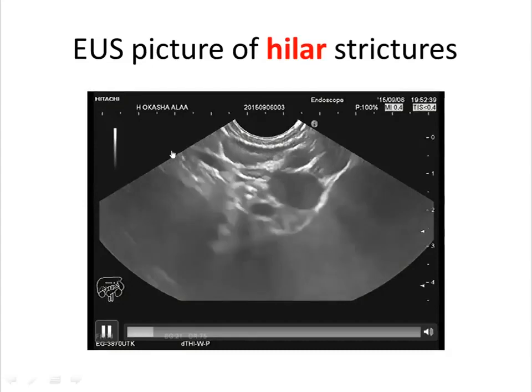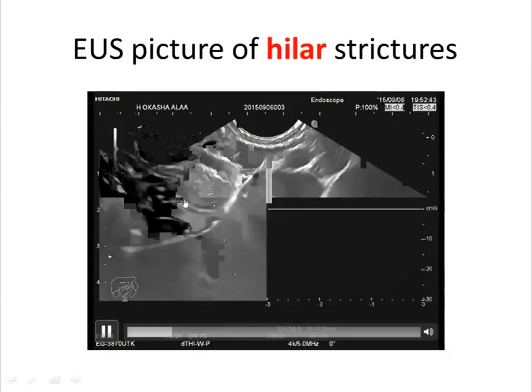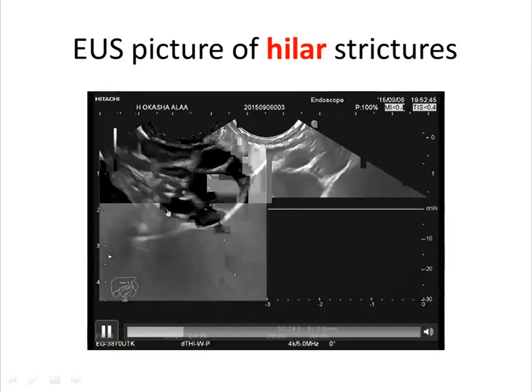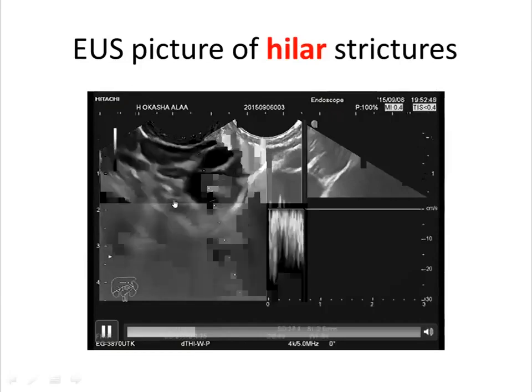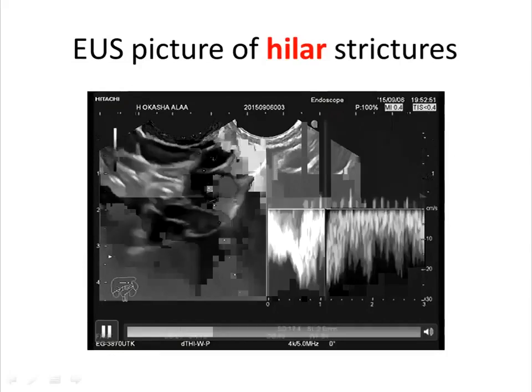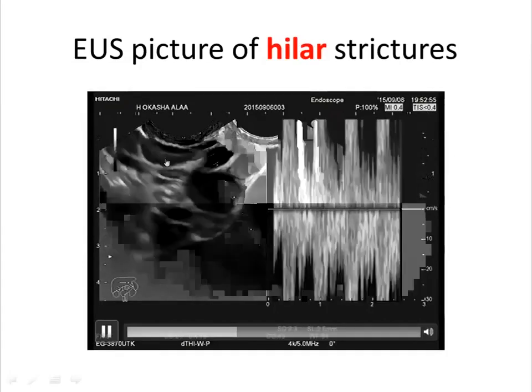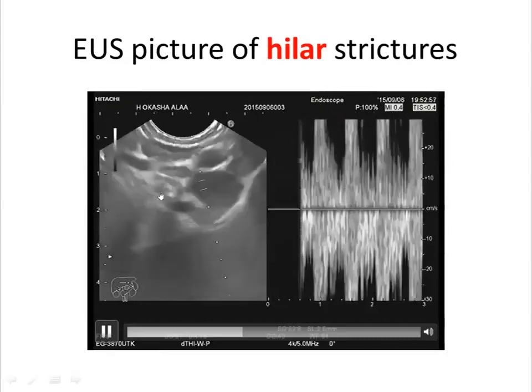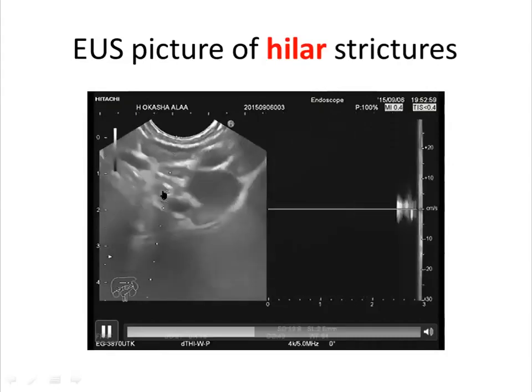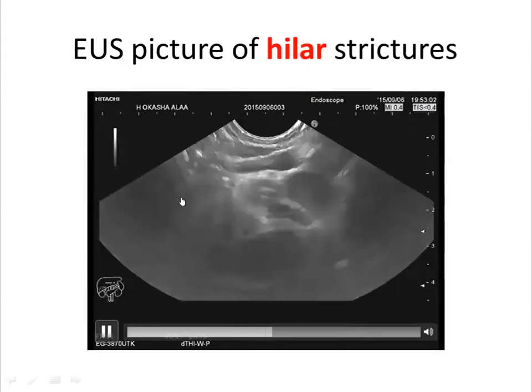But if this lymph node is malignant, then surely it is a Klatskin tumor or proximal cholangiocarcinoma. This is the portal vein, and this is the hepatic artery, and this is a porta hepatis lymph node, and this is a proximal common bile duct with minimally thickened wall.